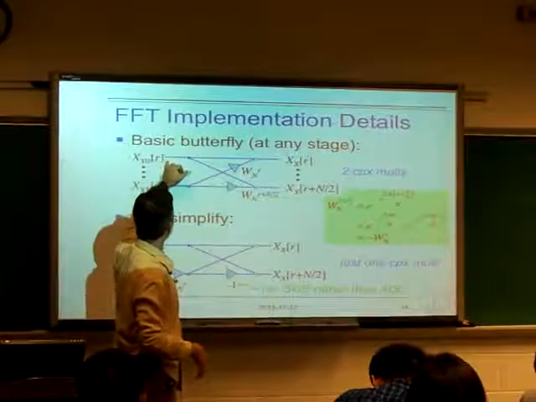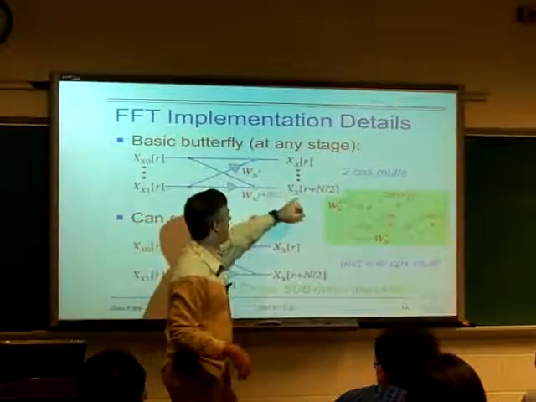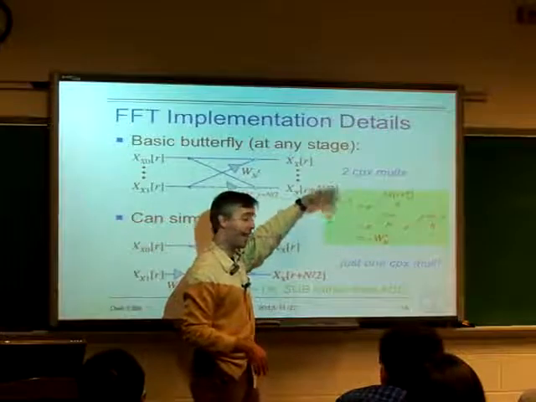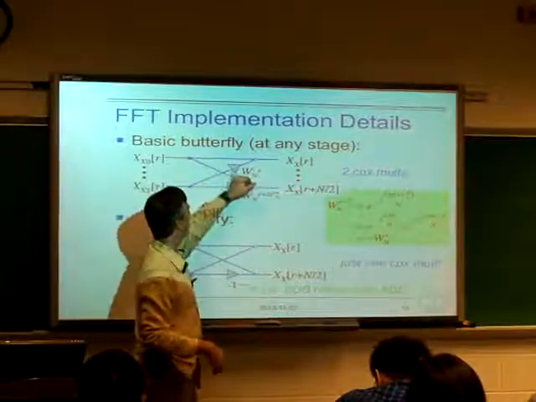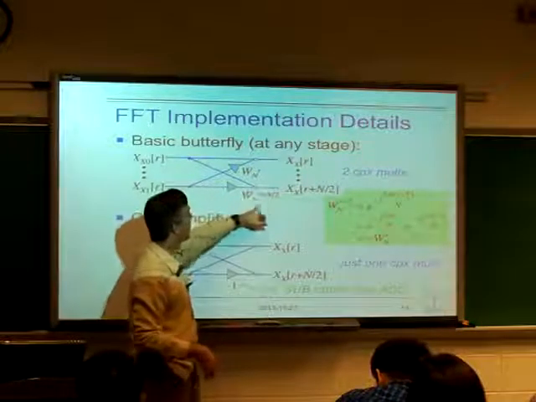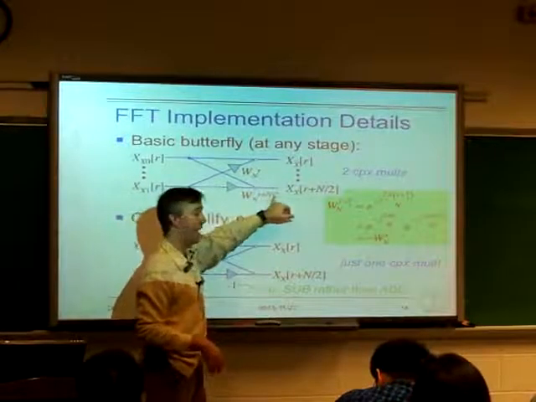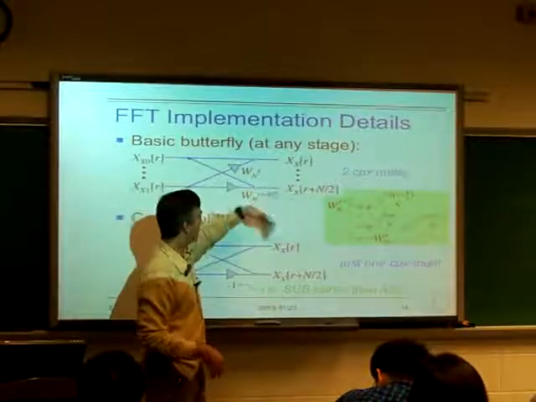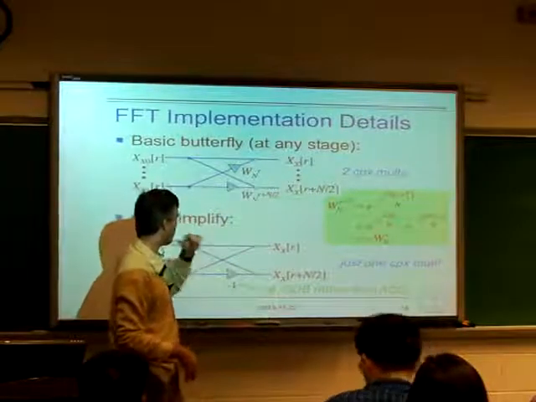The even index part goes straight through, gives us that thing, and then it goes straight through and gives us that thing plus n on 2 in the second half. And the odd index part, we have one twiddle factor and we add it in here. Then we have a different twiddle factor and we add it in here. But the different twiddle factor here is for the second half. It's like n on 2 twiddles further on.